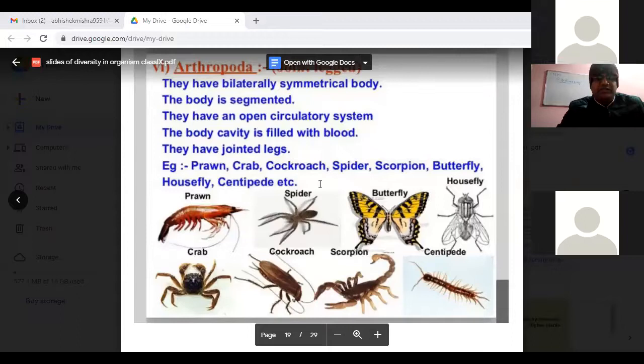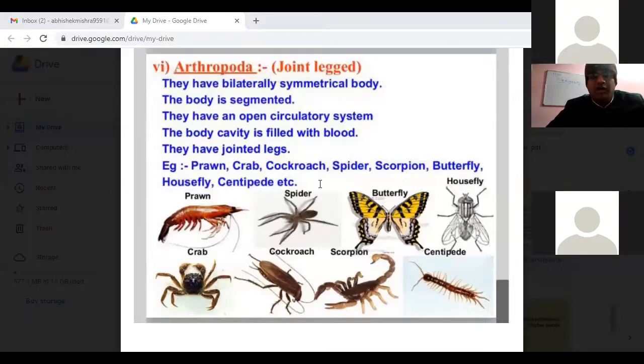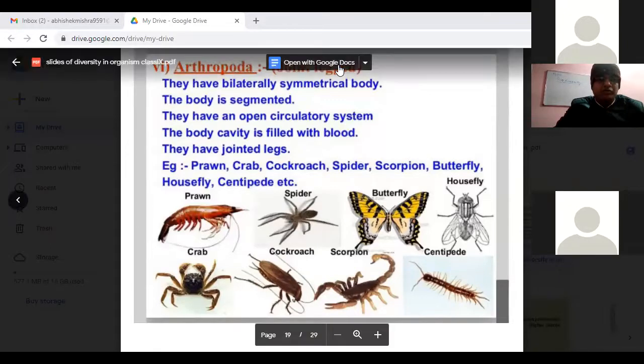Yes, Pallavi, tell me what is the term given to the body cavity in kingdom Animalia? Those students who know this, please send your answer in the chat box.